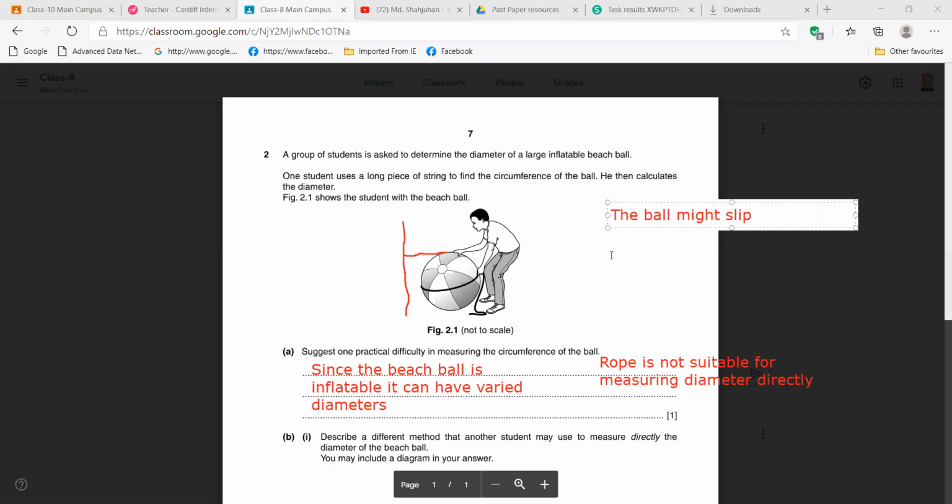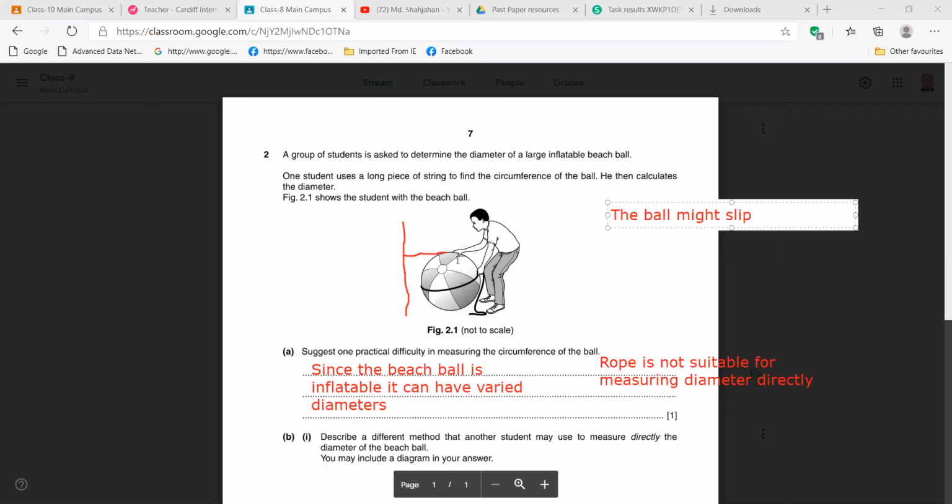Now look, Anmol gave a wonderful idea that if we are pressing this ball too much during measuring the circumference or diameter, what will happen? You will press it too much, then it will burst.